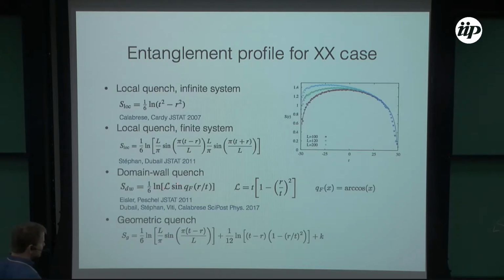But other than that, I have to change the renormalization, which is due to the density, which is again 1/2 of the domain wall problem, since you have to take only 1/2 of the particles, okay? If you put all these things together, then you arrive at this ansatz, and it turns out that it really nicely agrees with the simulations for the XX case, okay?